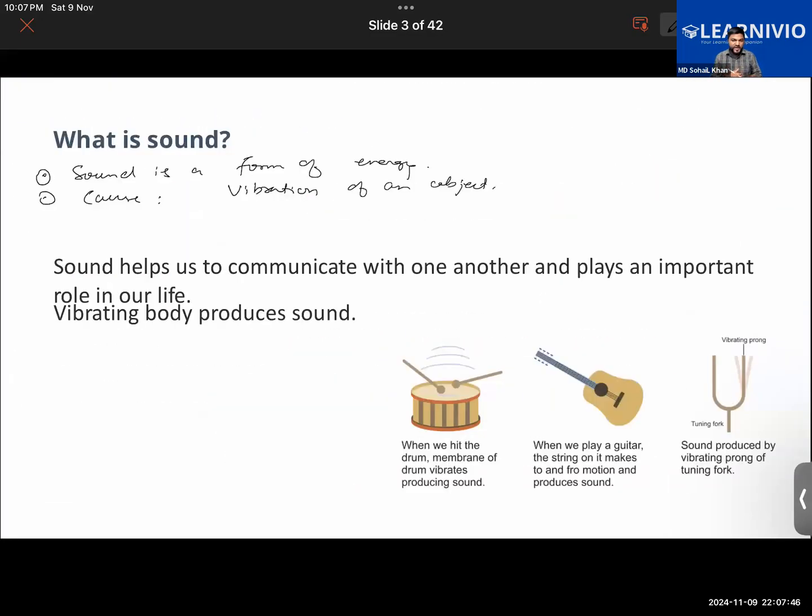So far, we have seen two things: sound is a form of energy, and it is caused by the vibration of an object.